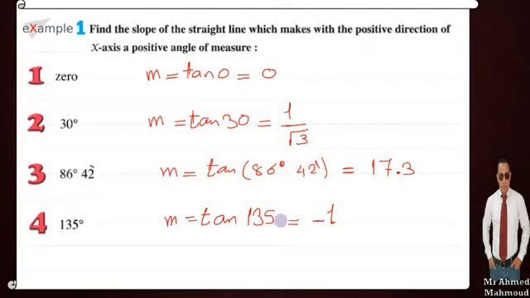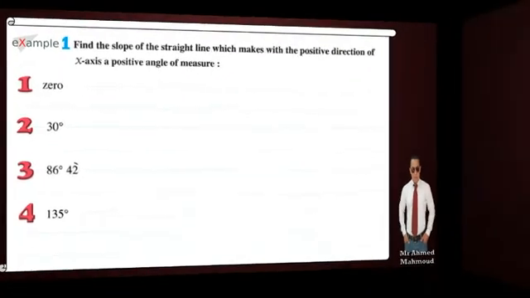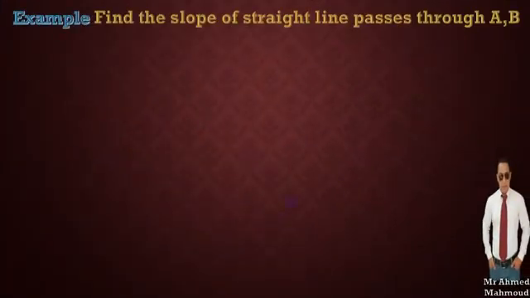The next example is very important because it is an example and rules at the same time. In this example, find the slope of the straight line which passes through A and B. Number 1, A equals (1, 2), B equals (3, 5).